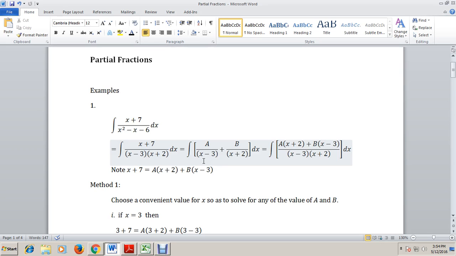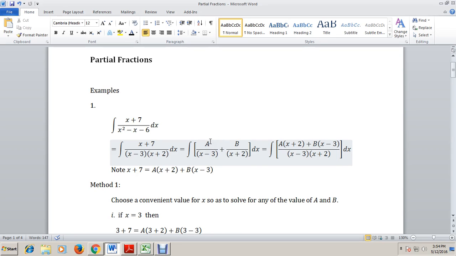So what we have done here is that we have separated our integrand into two fractions, having each of the distinct factors of our original denominator as a denominator, and the numerators are generic symbols that represent the unknown values.